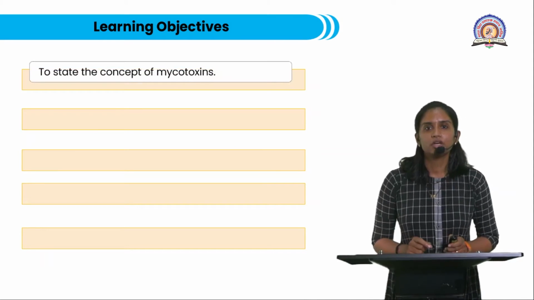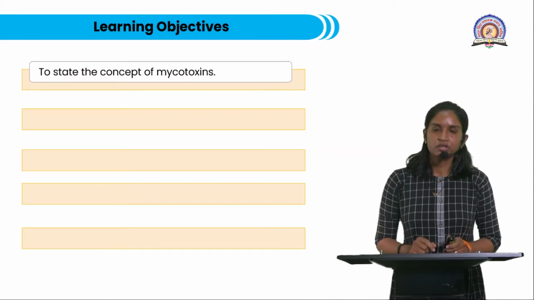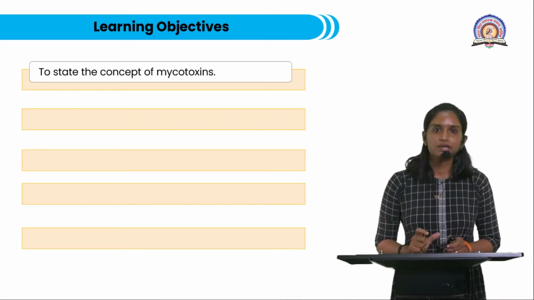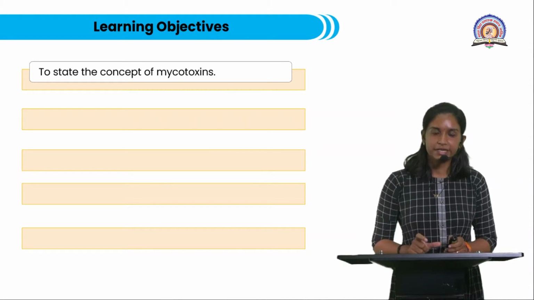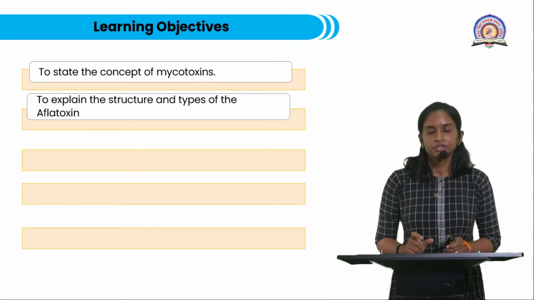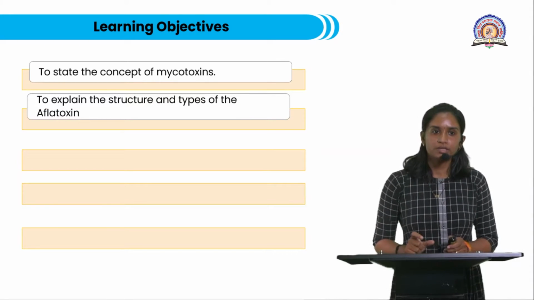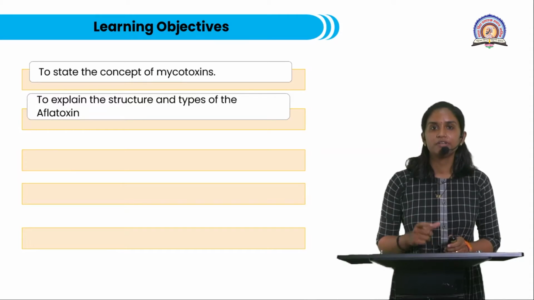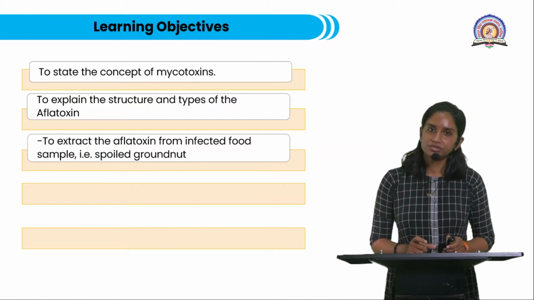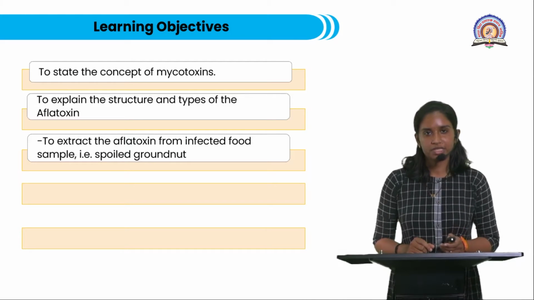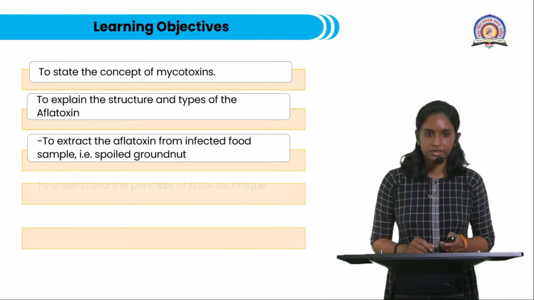So what are the learning objectives behind this practical? Firstly, you need to know the concept of mycotoxins, that is, the toxins which are secreted by fungus. Then we are going to see their structures and the different types of aflatoxins. Then we will see the extraction method for extracting aflatoxin from the spoiled groundnut.